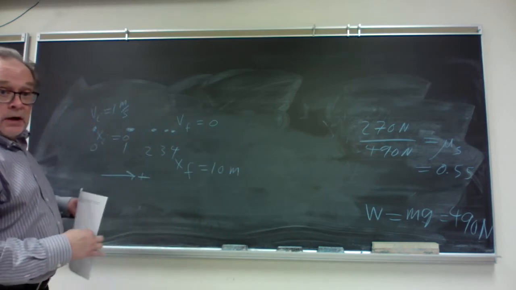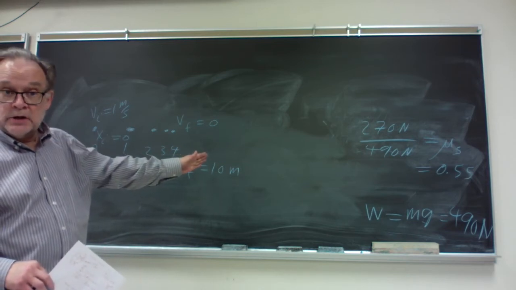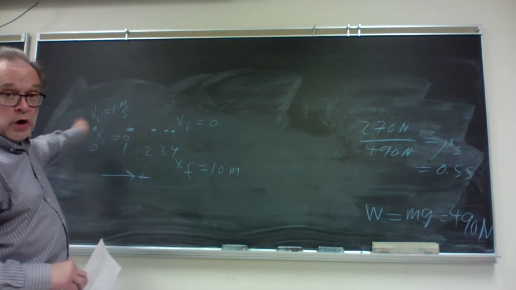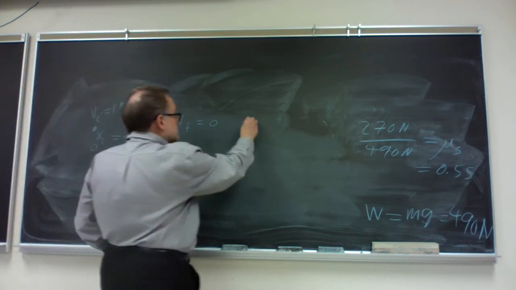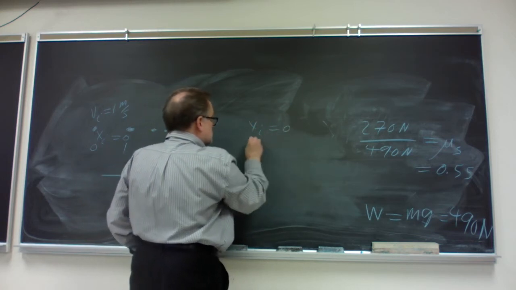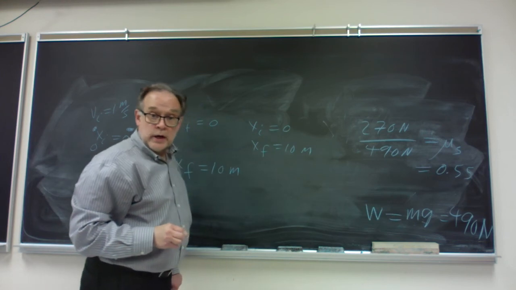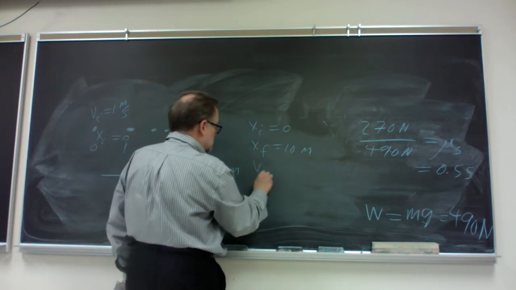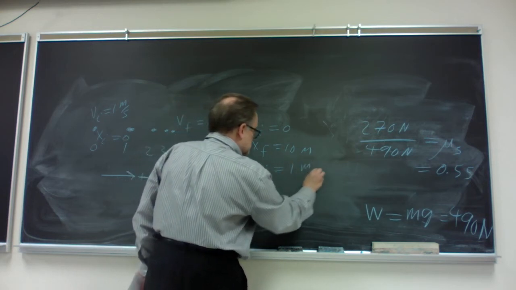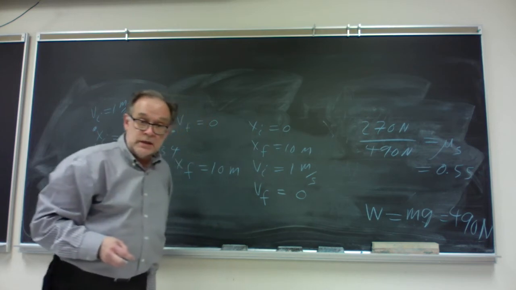So the stone travels 10 meters before slowing down from 1 to 0 meters per second. So we know the initial and final locations, 0 and 10 meters respectively. We know the initial and final velocities.